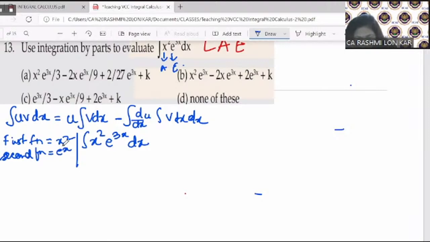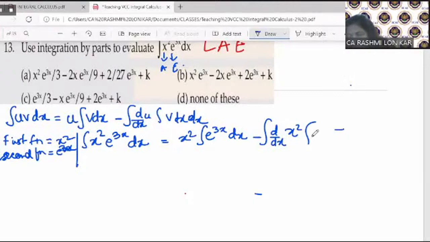What is the second function? Second function is e raised to 3x. This is equal to u, that is the first function x square, into integral of e raised to 3x dx, minus integral of d by dx of x square into integral of e raised to 3x dx, into dx.